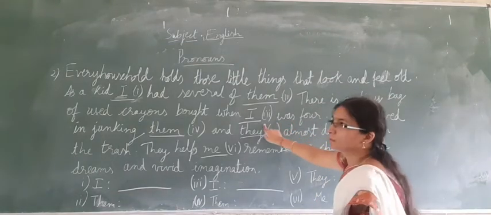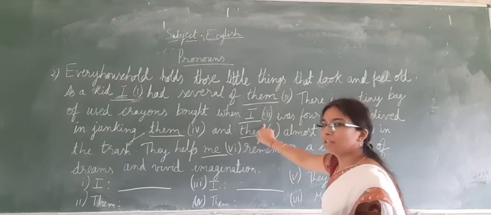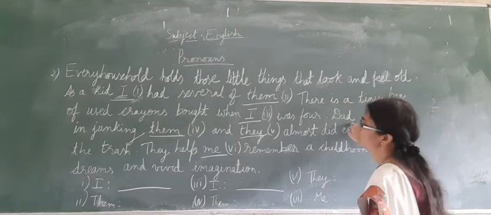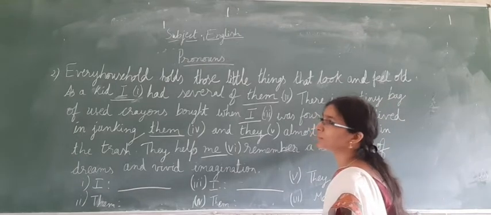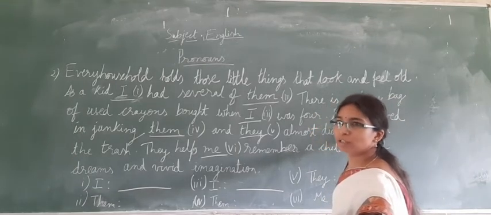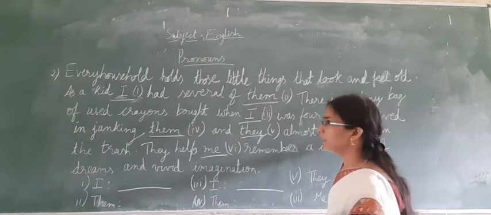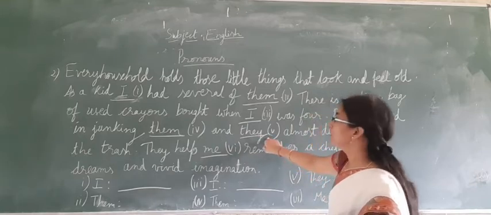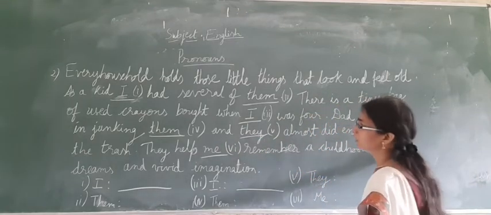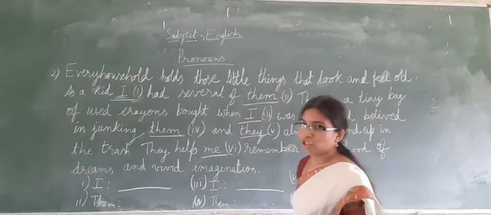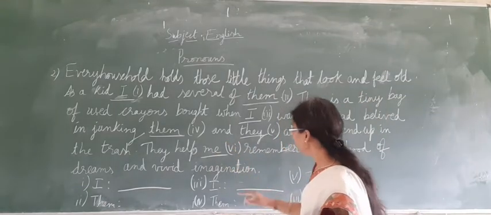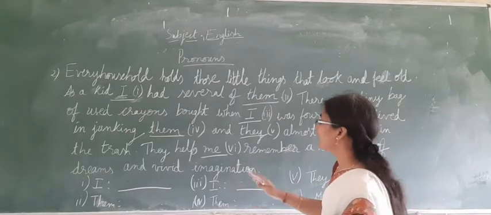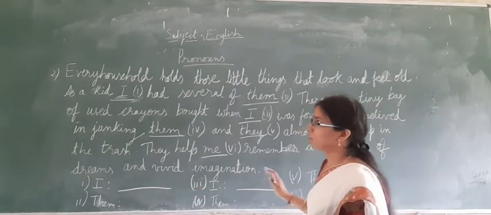I is the third pronoun that needs to be replaced with a noun by you. Dad believed in junking them. The fourth pronoun which you need to replace by a noun in this passage is them, and they almost did end up in the trash. They help me remember a childhood of dreams and vivid imagination.